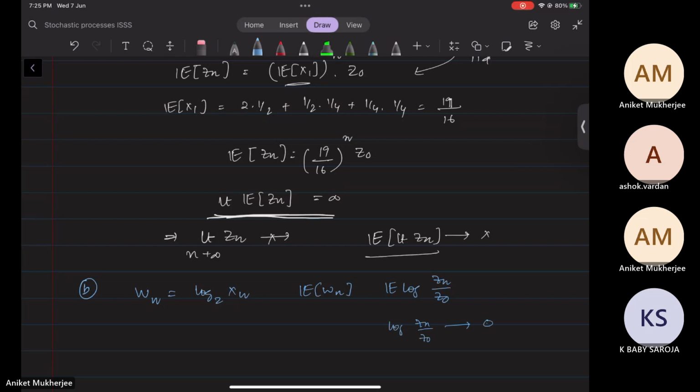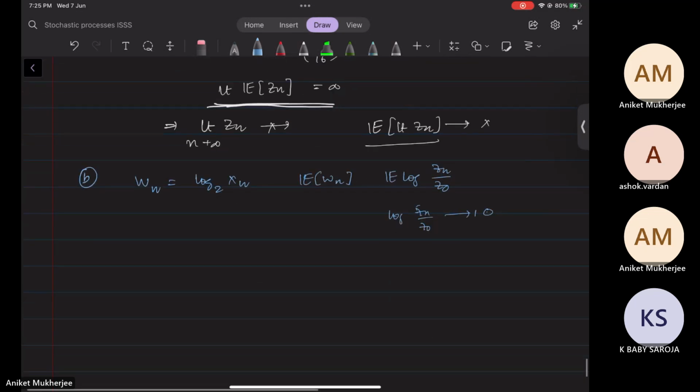And what this means is that if this number is negative, then Zn by Z0 is less than 1. If Zn by Z0 is less than 1, then you can see that the number of mosquitoes each year is decreasing. And since it's decreasing, you see how effective the mosquito control program is.